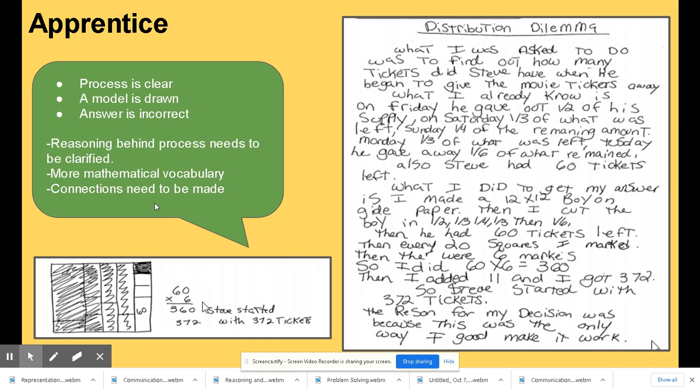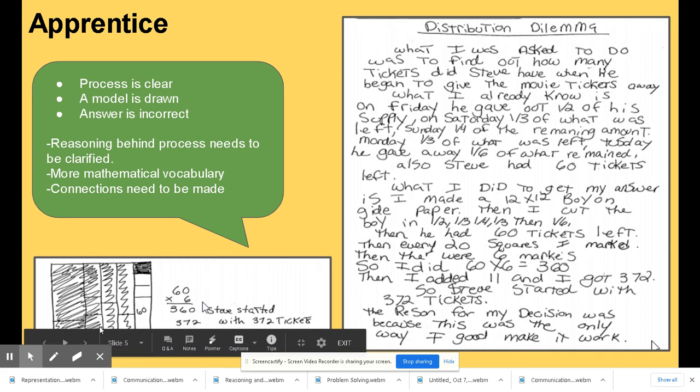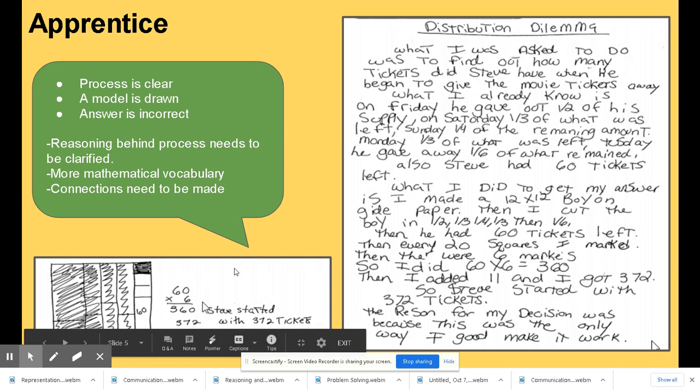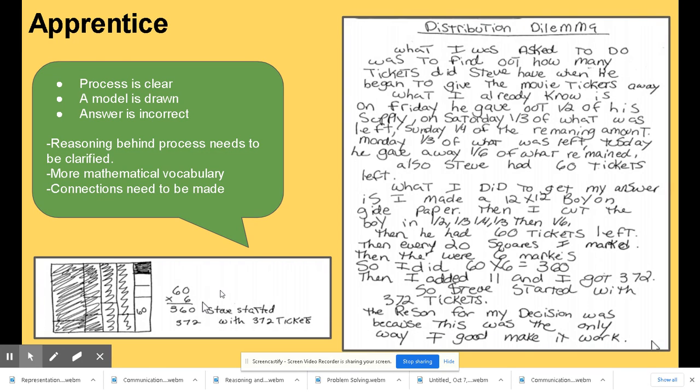Okay, now the apprentice, the process that they used was clear. It's understandable. The model is drawn. They didn't get a correct answer, but if they would have spent a little bit more time on it, they would have found out that they were really close to actually solving this problem, but they just didn't catch their mistake.